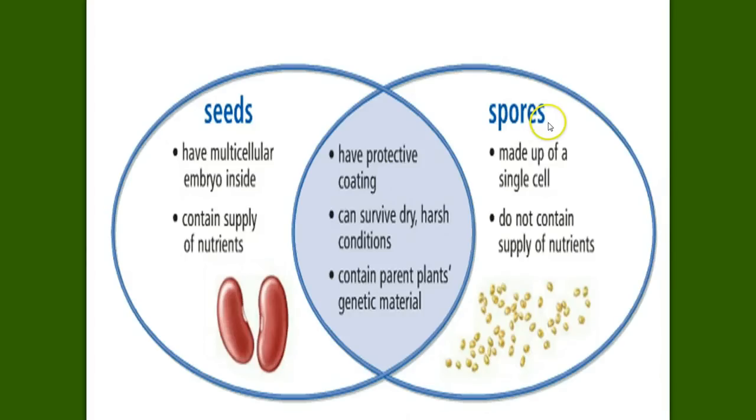And then there's spores. Spores, on the other hand, they only have one cell. Seeds have many cells. Multicellular means many cells. Spores only have one little cell, all by itself, and they do not contain any food inside them. No sacks of lunch? Are you kidding me?